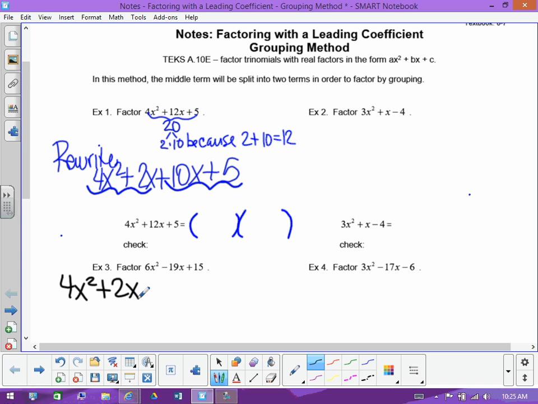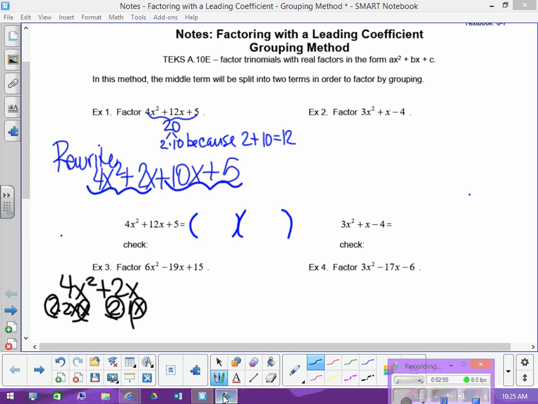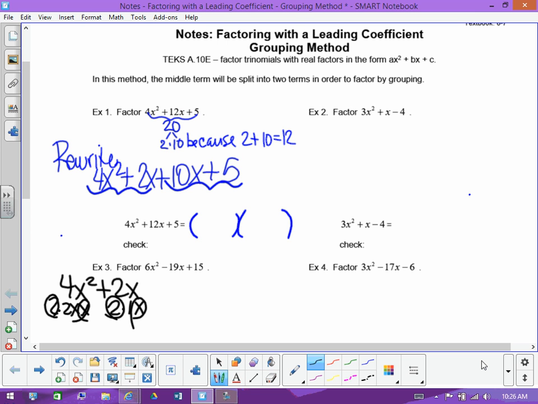What number goes into 2 and 4? 2. So the greatest common factor, just like we did on the other paper, is 2x. So right here I'm going to write 2x, and I had left 2x plus 1.